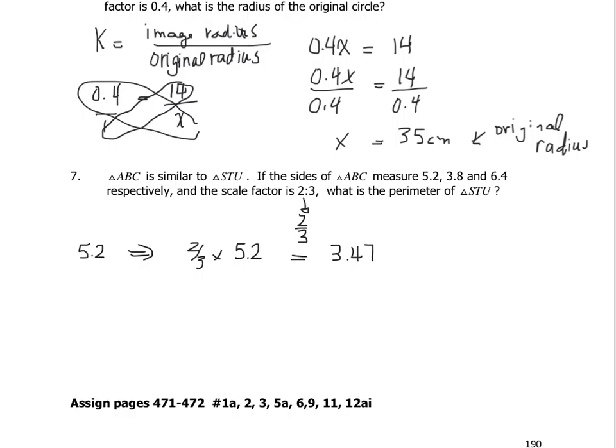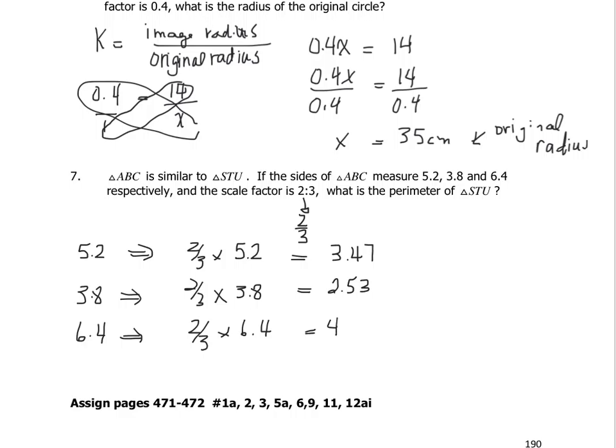We round it off, and then the 3.8 becomes 2/3, the scale factor, times 3.8, which would be 2 divided by 3 times 3.8 is 2.53, round it off, and then the 6.4 would become 2/3 of 6.4, 2 divided by 3 times 6.4 is 4.266, so that would be 4.27.